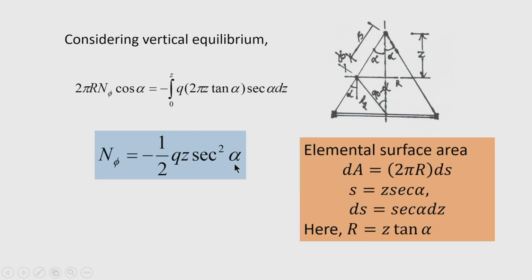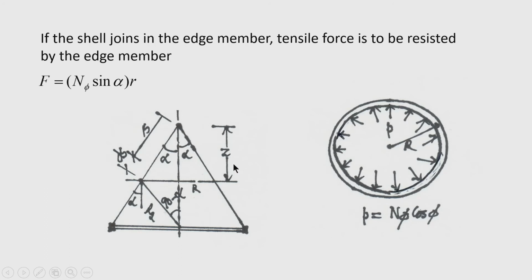Next, let us consider the support of the conical shell, because the shell is supported at the edges by a ring beam. This is a ring beam or peripheral beam. How will the forces be transferred at the ring beam? The component of n phi is along the slanting side, so it has two components, one along the vertical direction and one along the horizontal direction.